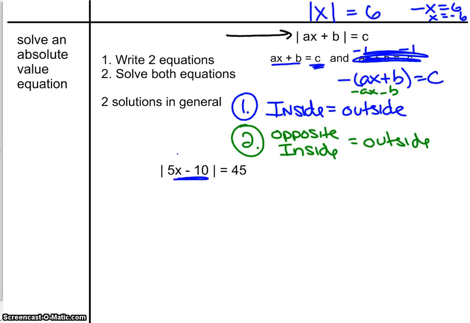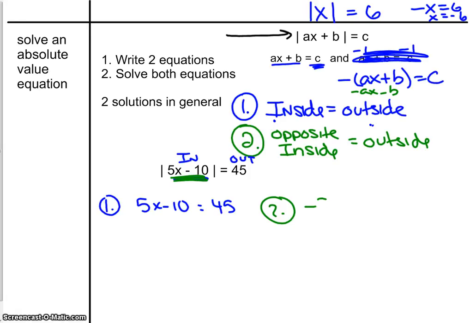So with this example, here's my insides: 5x minus 10. So my first equation, what's on the inside, 5x minus 10, equal to what's on the outside. Equation number 2: opposite of what's on the inside.